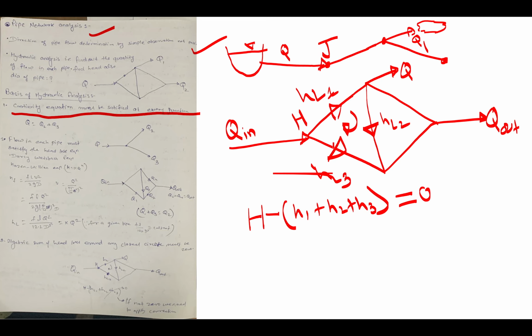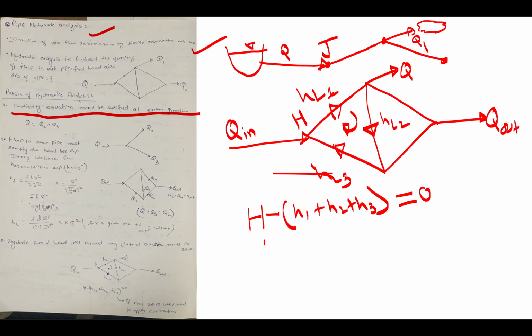Or if it is flowing in this direction, let me erase, then some important concept I can tell here. If water is going in this direction, this is HL3, and coming in this direction and going in this direction, what will happen?